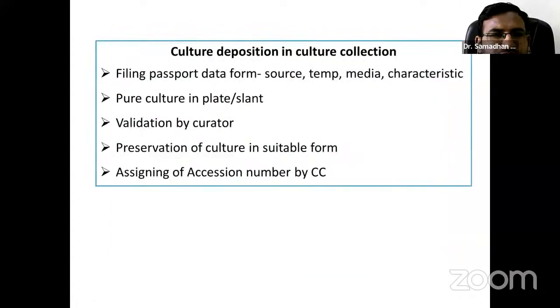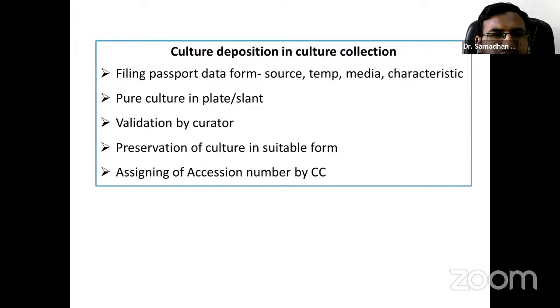Now culture deposition: how is a culture deposited? There is a process in culture collections. First, you have to fill the passport data form, where you give information regarding the source from where you collected these microorganisms, and the temperature.